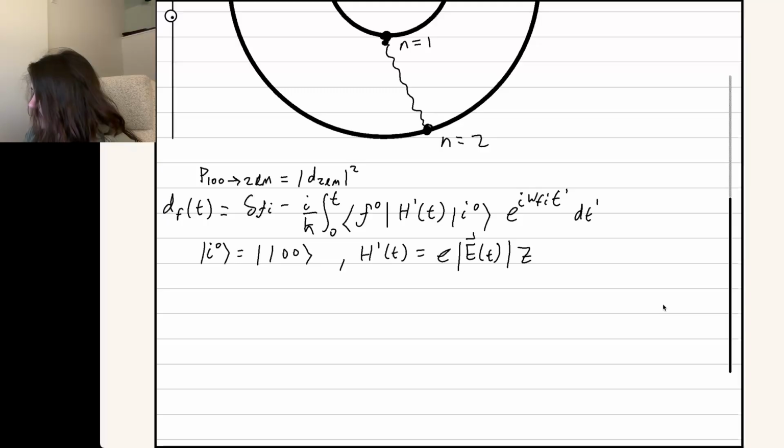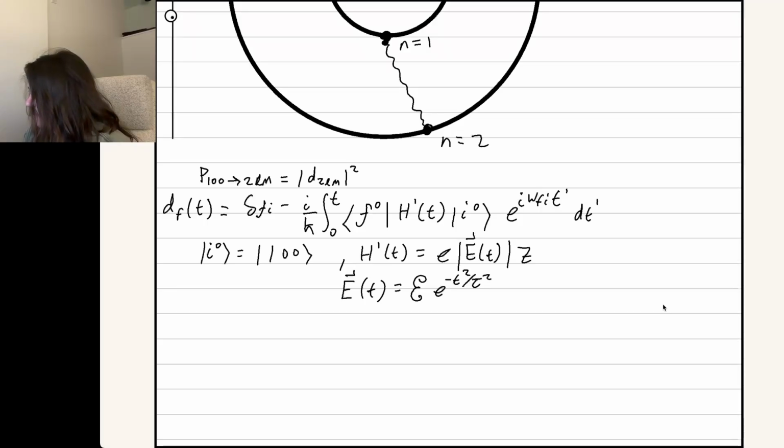And we can now write out what Shankar gave us for the electric field. The electric field has this expression, fancy E times e to the minus t squared over tau squared, z hat. So the perturbed Hamiltonian is just e times fancy E times e to the minus t squared over tau squared, times z.